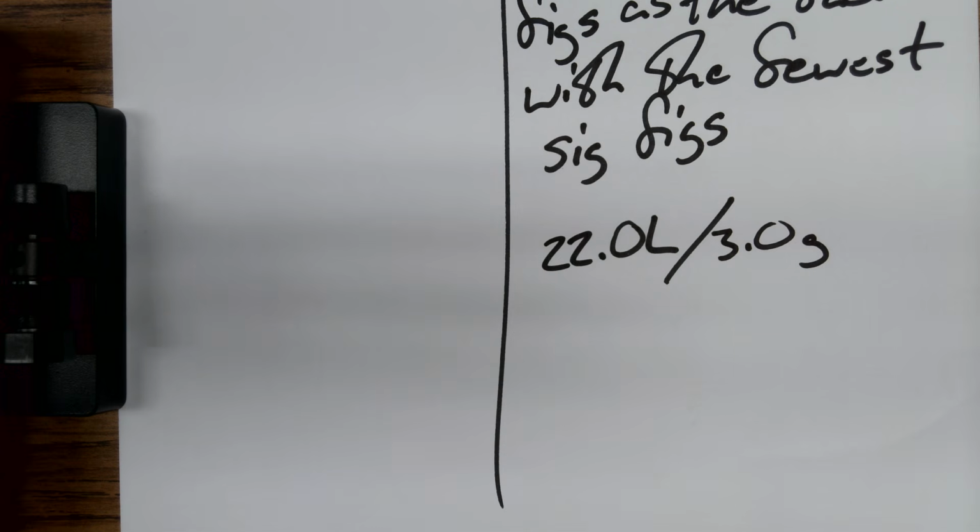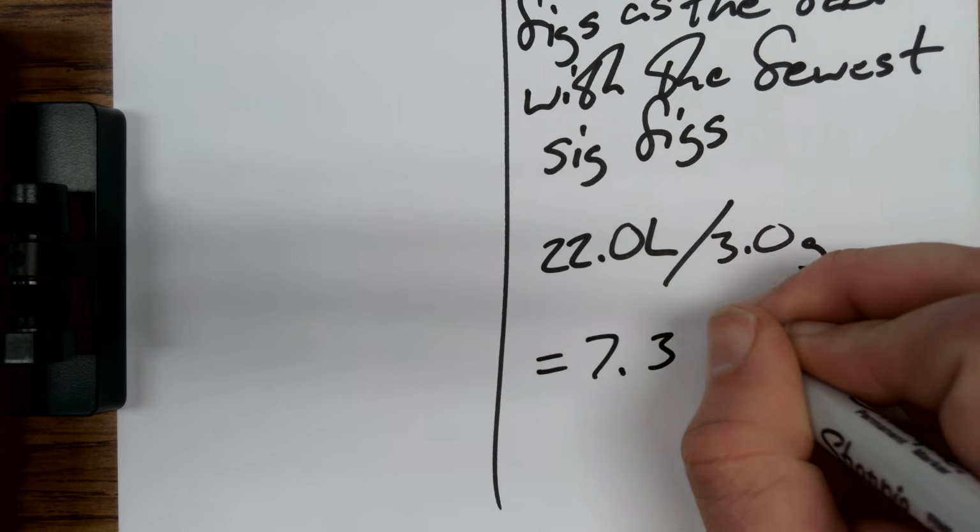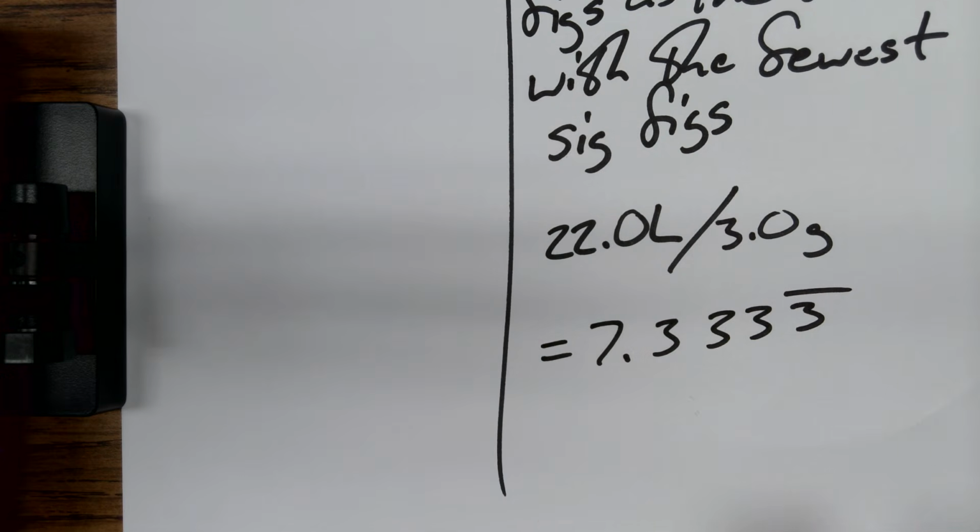So I'll put that in a calculator and tell me, what did I get? I'll get an answer of 7.3333. That just keeps on repeating.